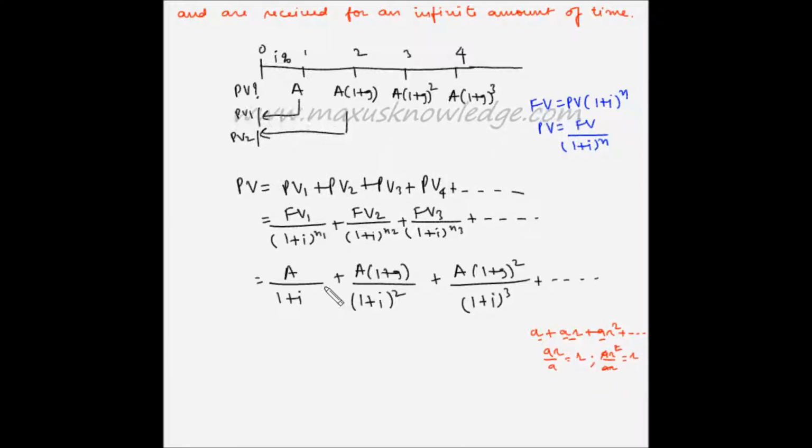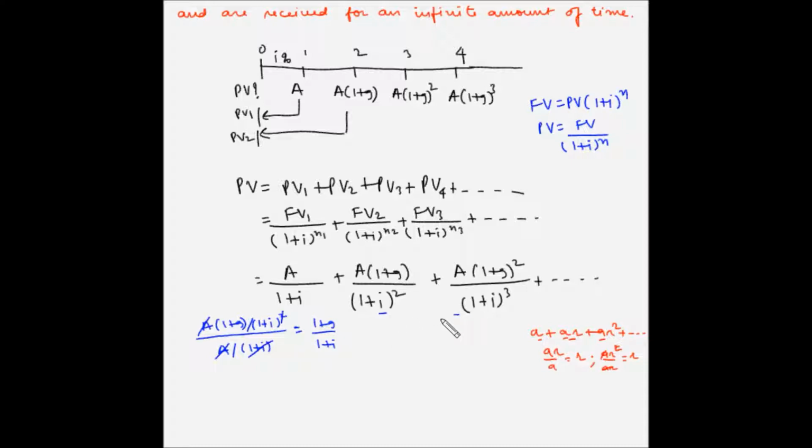So let us find out if this present value of a growing perpetuity is also a geometric series. Let's take the ratio. A into (1 + g) divided by (1 + i)^2, divided by A divided by (1 + i). So A gets cancelled with this A, (1 + i) gets cancelled with this square. So this is (1 + g) divided by (1 + i).